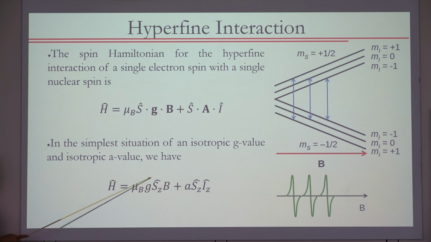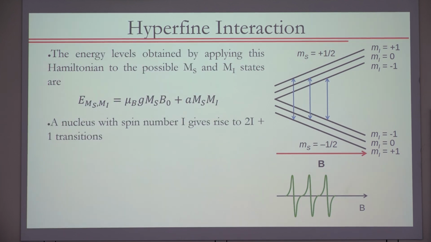So you can write it like this: an isotropic G value times the SZ operator, and then you have the SZ IZ operator. So this is the simplest possible case. And then if you calculate the energies for the different MS and MI states, so MI would be the magnetic moment projections of the nucleus, then you will have this formula.